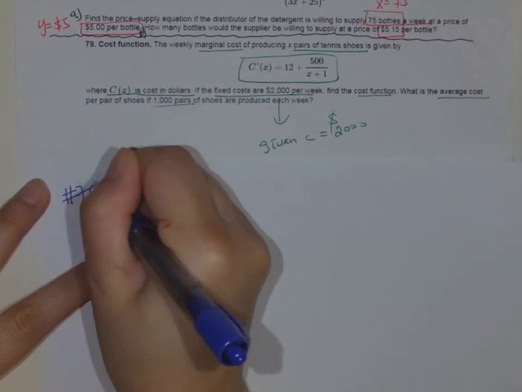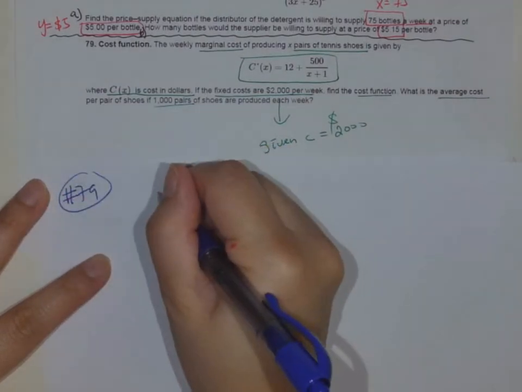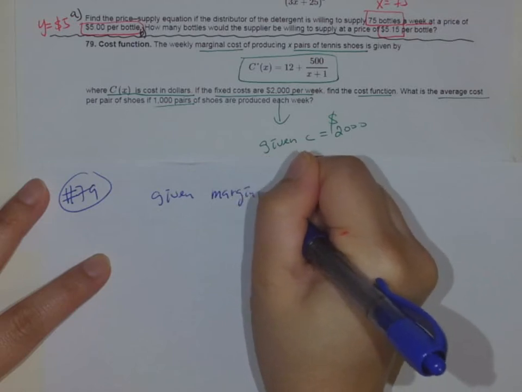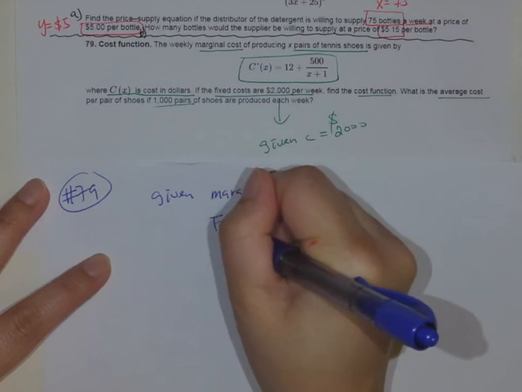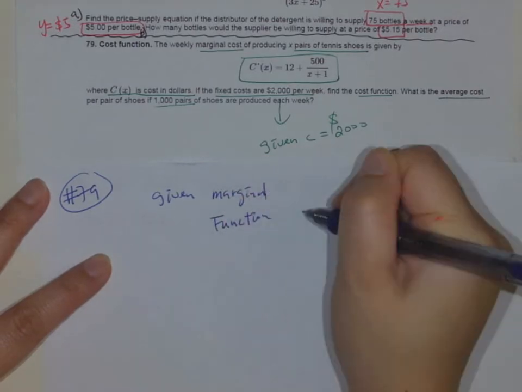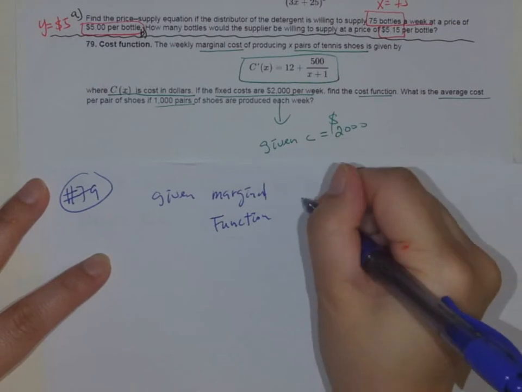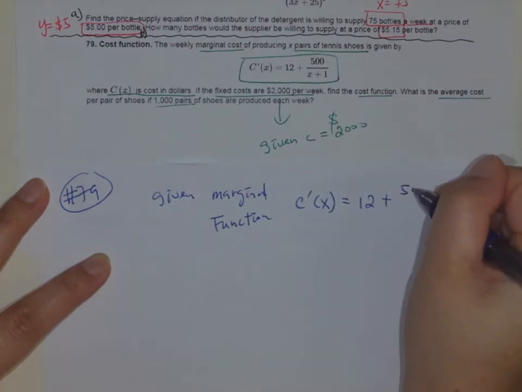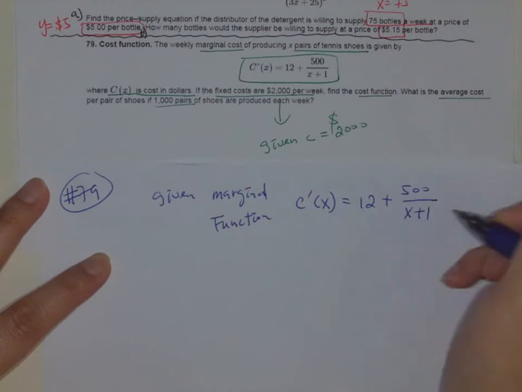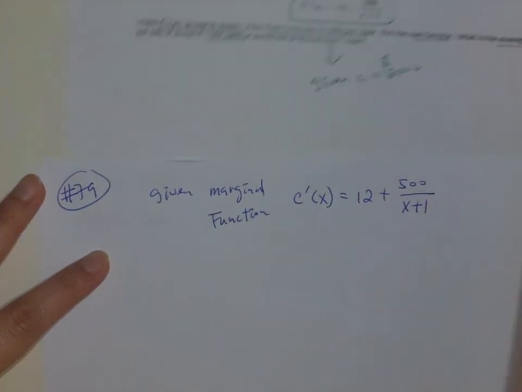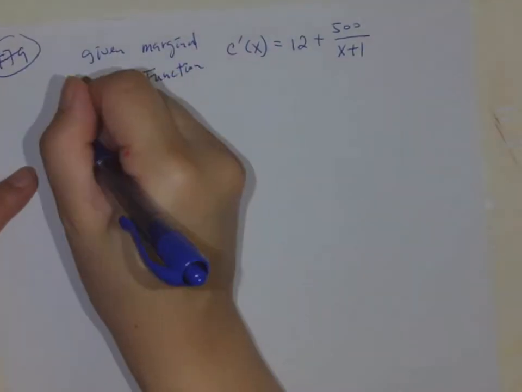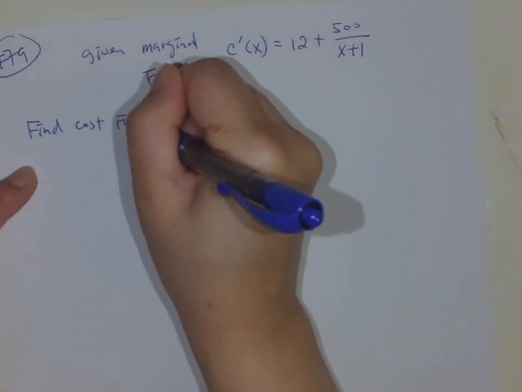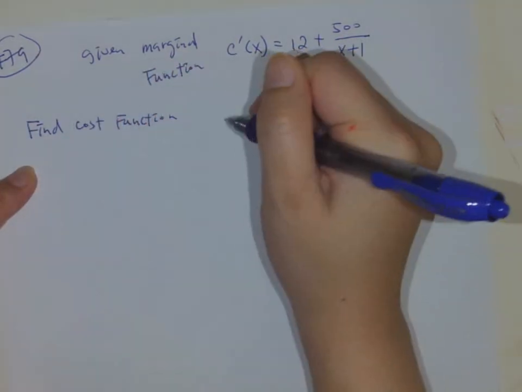Number 79, we are given the marginal function C prime of x equal to 12 plus 500 over x plus 1. We are trying to find the cost function, which is C of x.